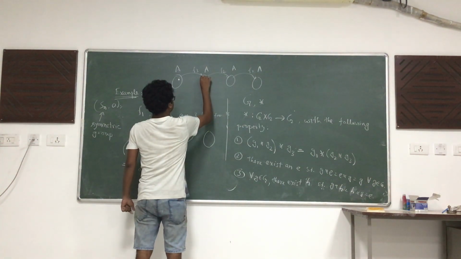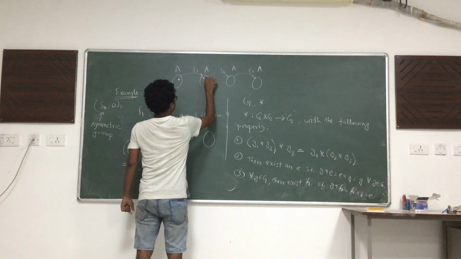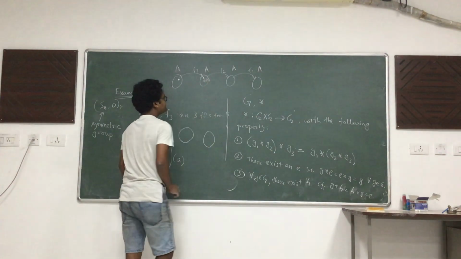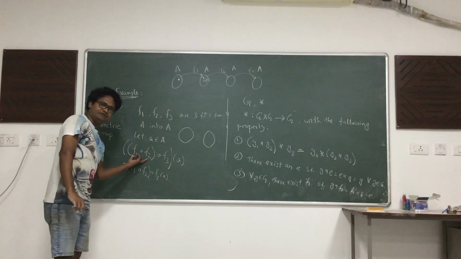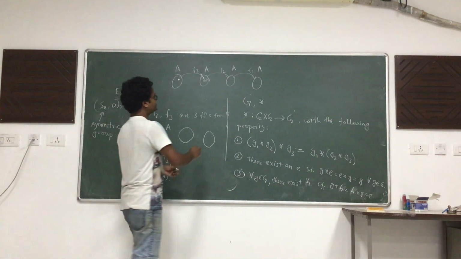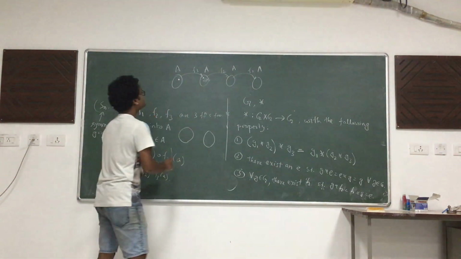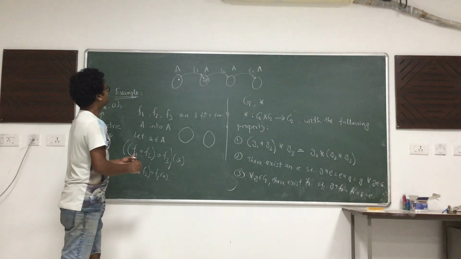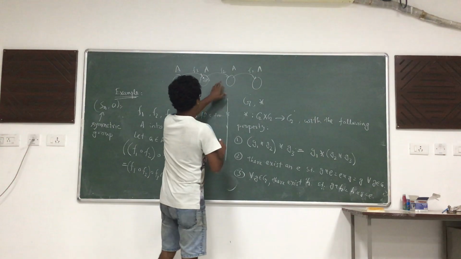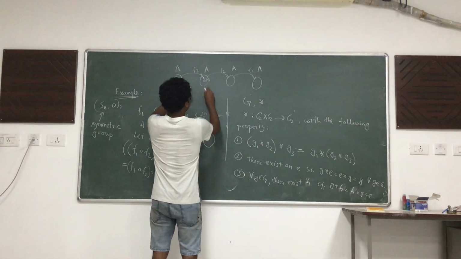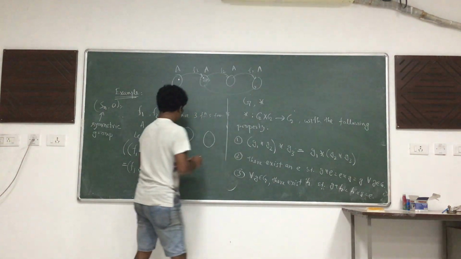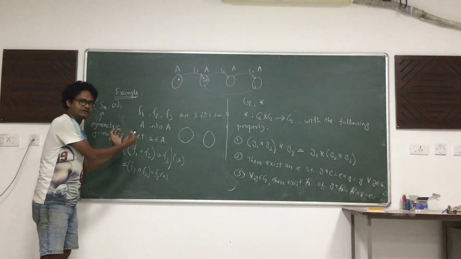Then we take the rule F1 composed F2, which directly sends the element to here, since we have taken the whole thing together.